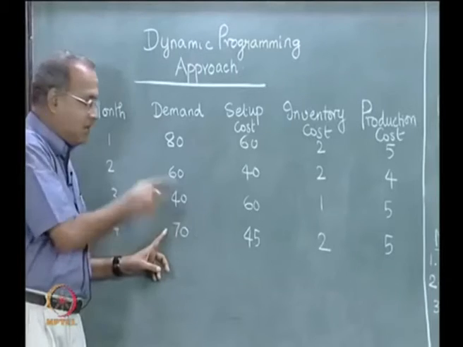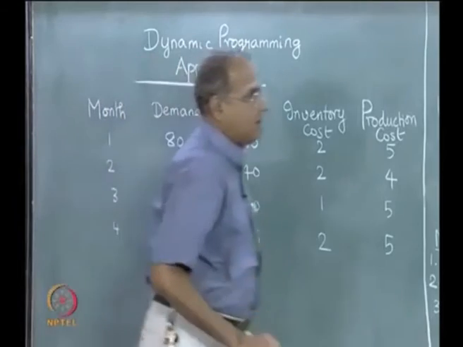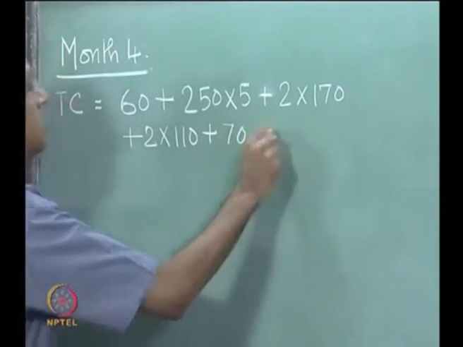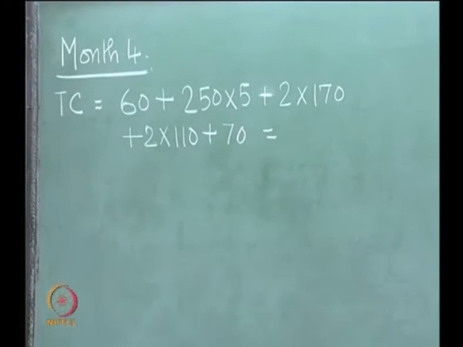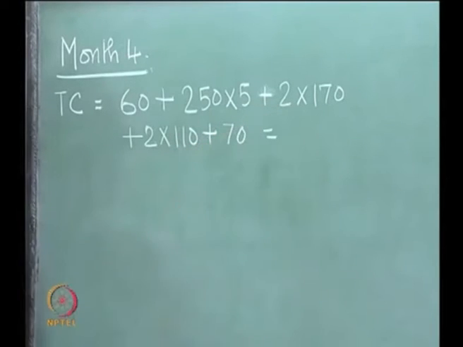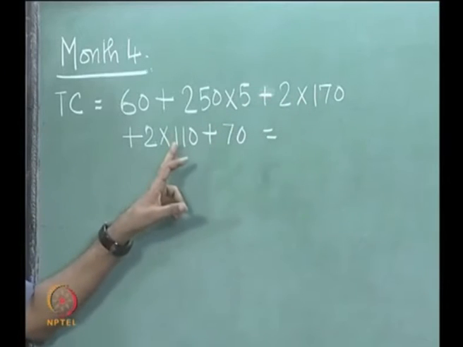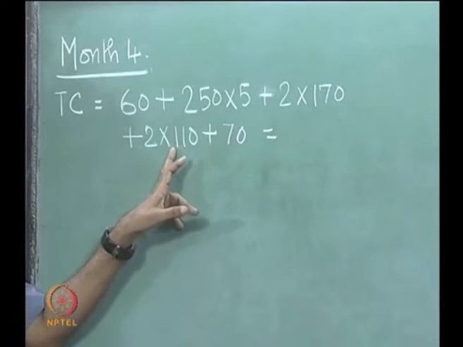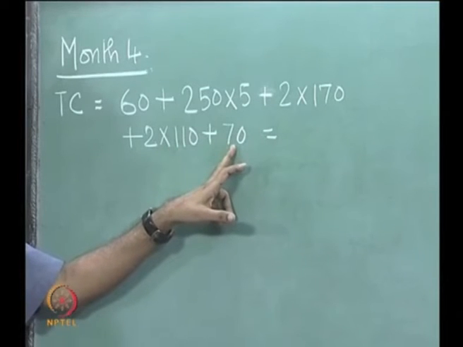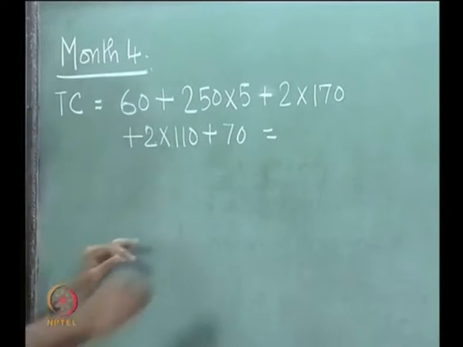So, out of the 110, 40 is consumed, 70 is carried, 70 into 1, plus 70, and this gives us a total cost of 1250 plus 340 is 1590. 1590 plus 220 is 1810, 1880, 1940.